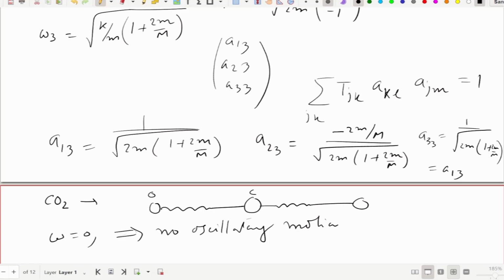So, basically this will be a translational motion, that all three atoms, oxygen, carbon and oxygen, are moving in one direction with equal amplitude. Okay. That also we have seen, that A11, A21 and A31 all are equal in this eigenvector.